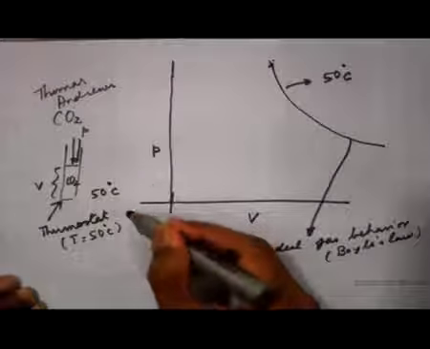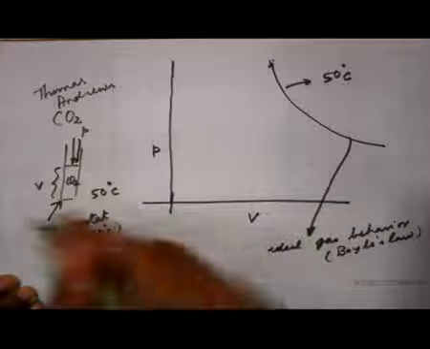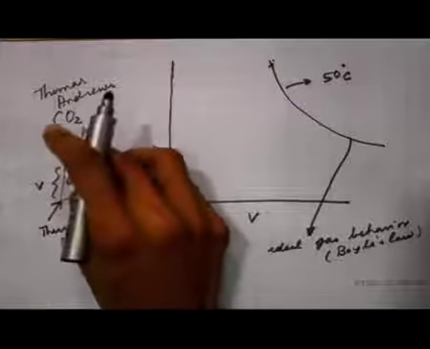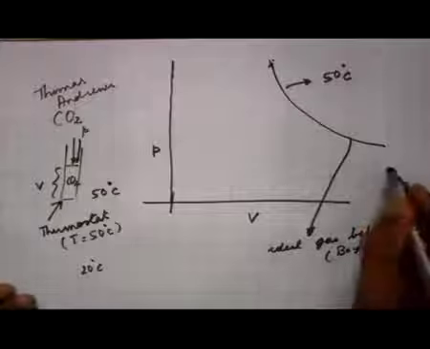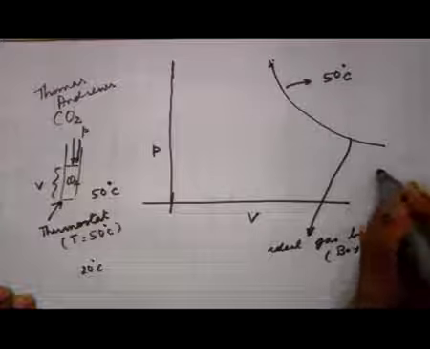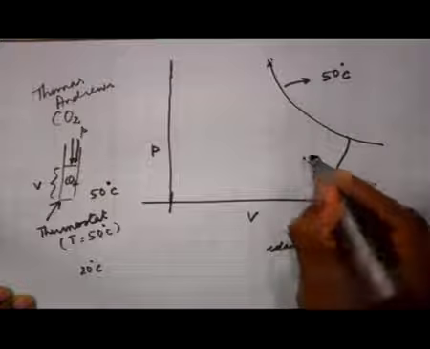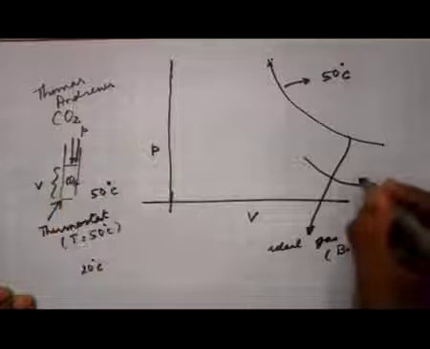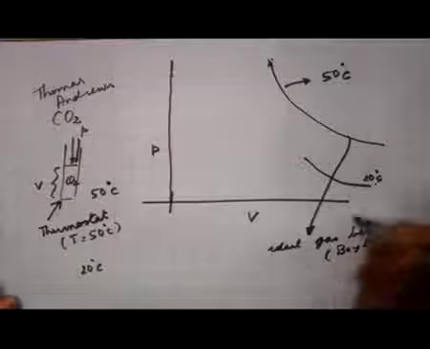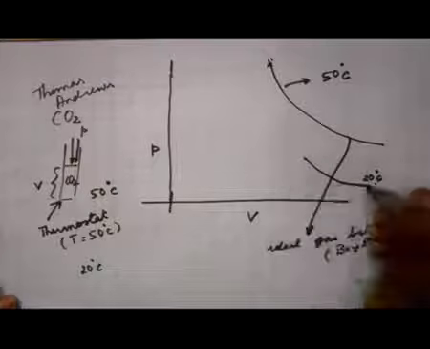Now, we do this experiment at a lower temperature, around 20 degrees Celsius. You have some particular pressure where the volume is high, and you keep increasing the pressure. As you increase the pressure, the volume drops.